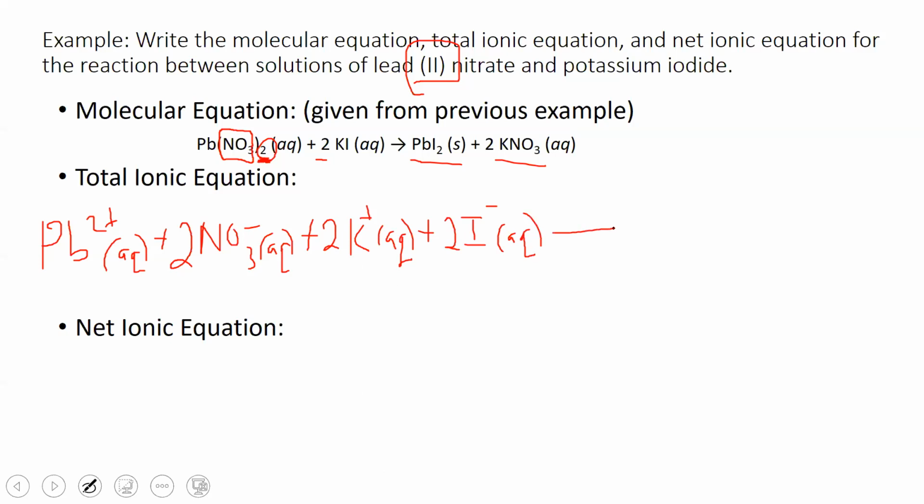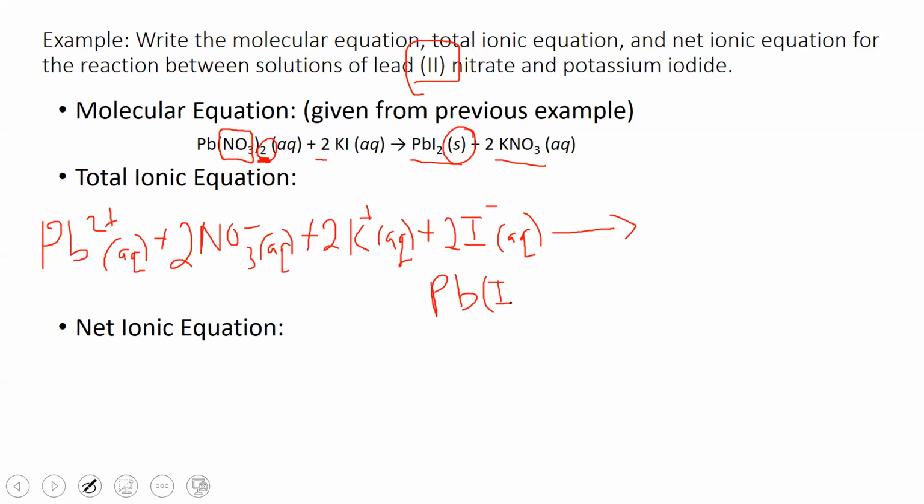And for this, I'm going to have my arrow here. Now I'm going to make my products. And for this reaction, I'm going to start my products down a little bit lower so that I have enough space. But anytime you have a solid, it stays intact. So when we write out that total ionic equation, the solid is going to stay a compound. So this is going to make lead iodide.